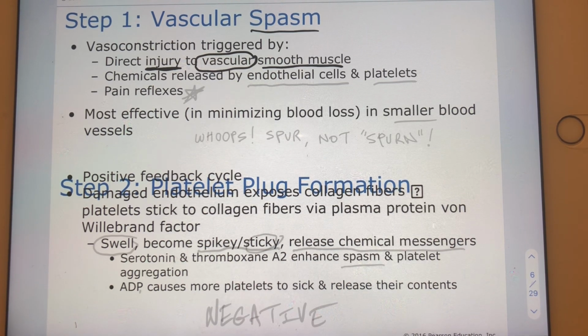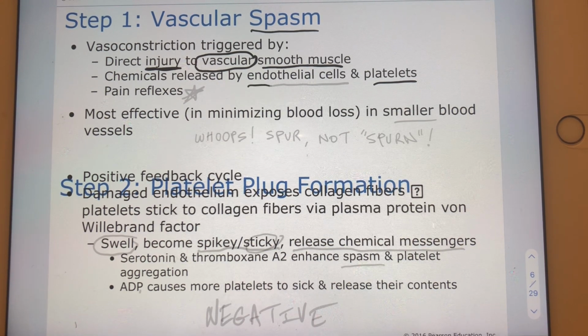And when that injury occurs, platelets will typically cling to the site of injury and become activated, and therefore release many of their contents, which we recently learned, serotonin, ADP, and clotting factors galore.